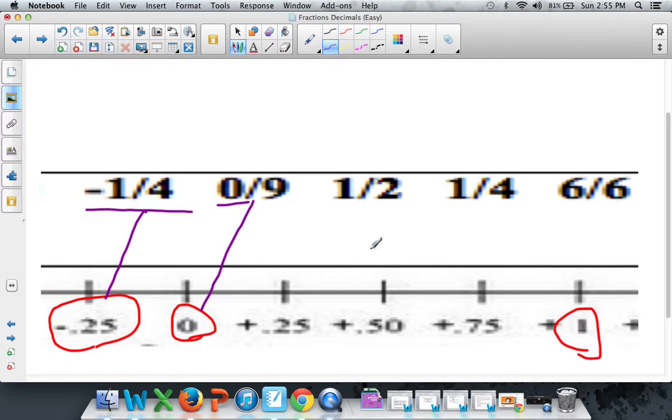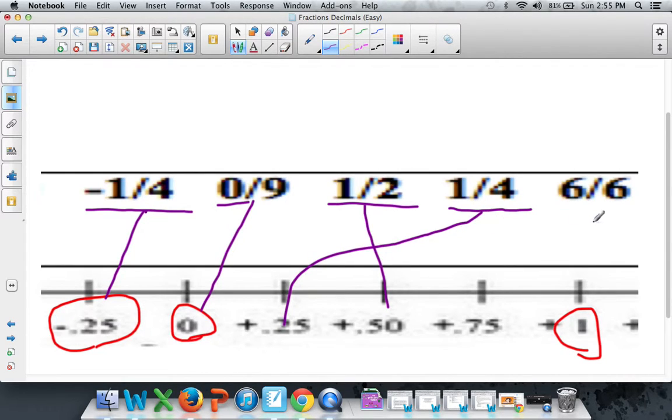Hooray! How about 1/2? Do you remember what half is? 0.50? 0.5? How about 1/4? Do you remember what 1/4 is? Not that many options left. Which is it? Well, negative 1/4 was negative 0.25. So 1/4 with no negative must equal 0.25 with no negative.